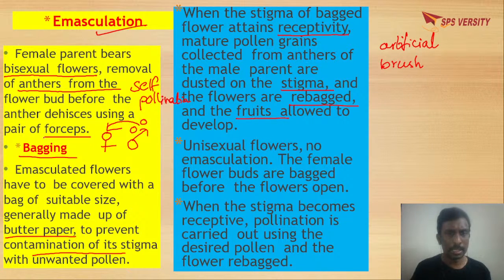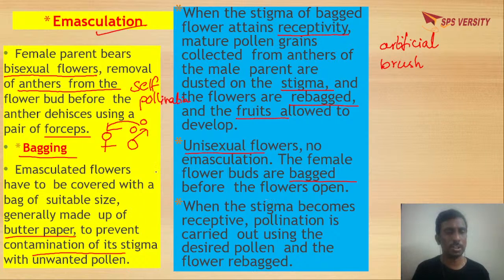So this emasculation process is done when it is a bisexual flower. When it is a unisexual flower, they don't require any emasculation. They only require the bagging of flowers. Okay. So here in a hybridization program, there is a desired male and female.